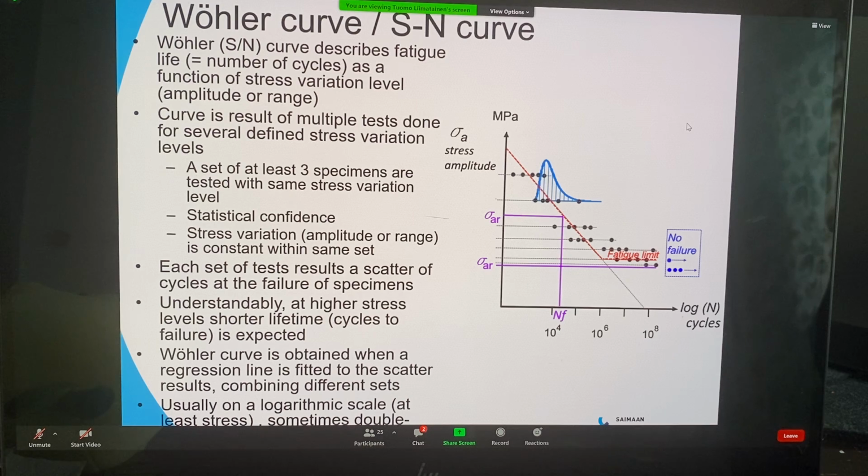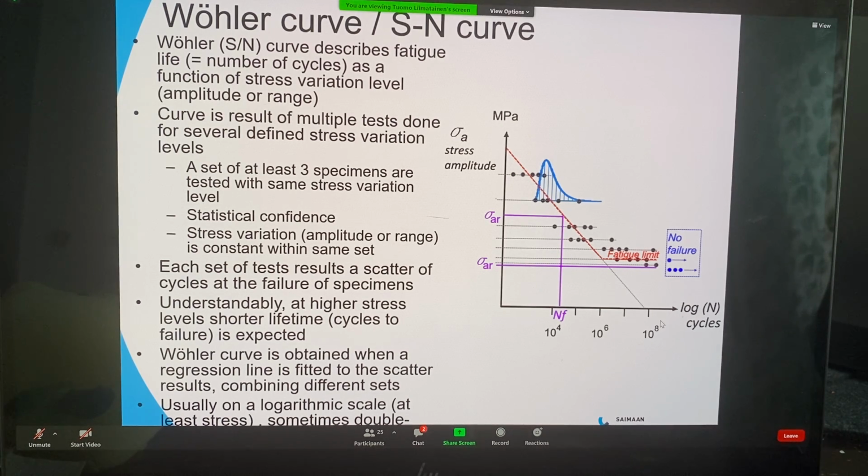And also what is important in this Wöhler curve is that, as you can see, the x-axis is logarithmic, and quite often both axes are logarithmic, but almost always at least the x-axis is logarithmic.